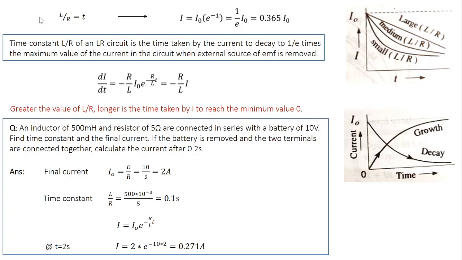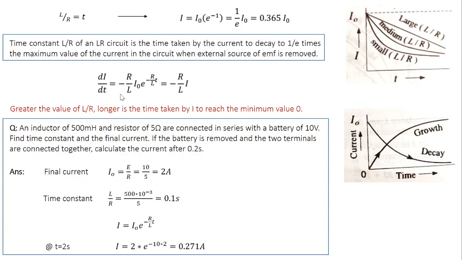So you can also define the time constant L/R as the time taken by the current to decay to 1/e times the maximum value of current in the circuit when the external source of EMF is removed. So you can define it either in terms of growing current or in terms of decaying current.